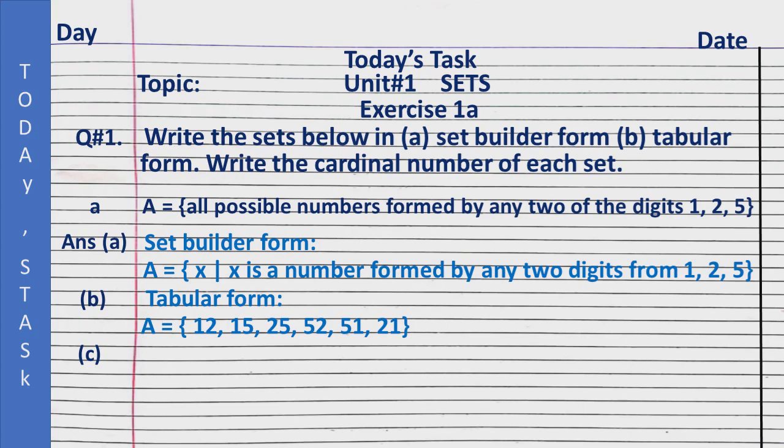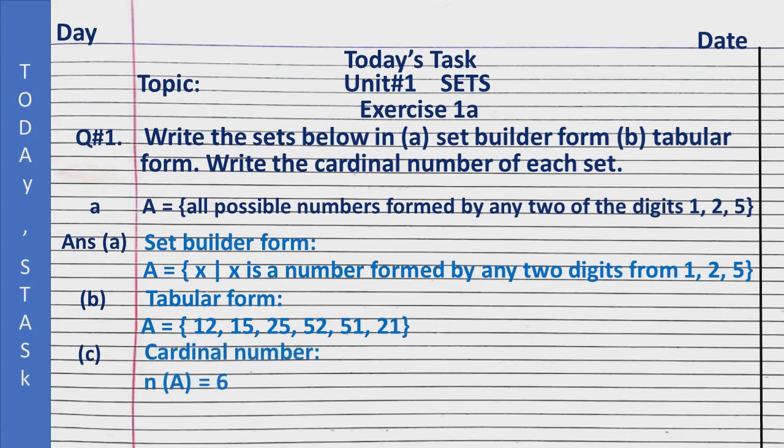As you can check, dear students, अगर हम 1 और 2 को ज्वाइन करेंगे तो हमारे पास नंबर 12 बनेगा. 1 और 5 को ज्वाइन करके हमारे पास नंबर 15 बनेगा. 2 और 5 को ज्वाइन करके हमारे पास नंबर 25 बनेगा. 5 और 2 को ज्वाइन करके हमारे पास नंबर 52 आ रहा है. 5 और 1 को ज्वाइन करके 51 मिल रहा है और 2 और 1 को ज्वाइन करके 21 बन रहा है.